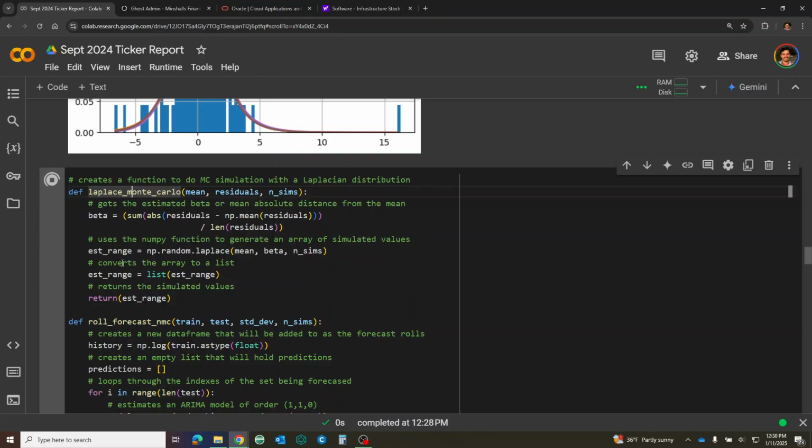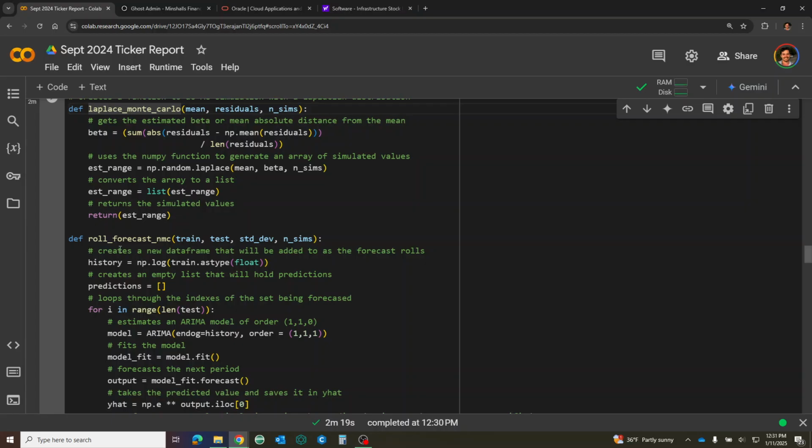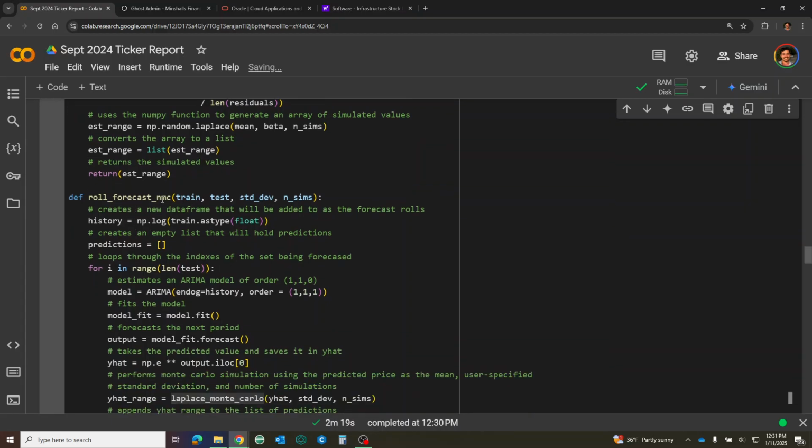we're doing that simulation where we pass through the number of simulations that we want. We take the average and the residuals that we're passing through, we calculate it, and we return the estimated range from that information passed through the Monte Carlo simulation. Similar to what we were doing above, we pass through the train, the test, our standard deviation, and the number of simulations that we want.